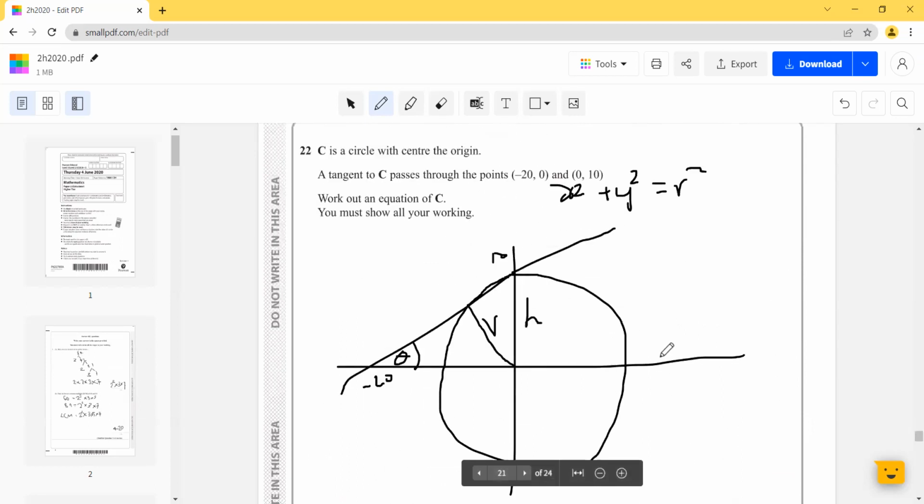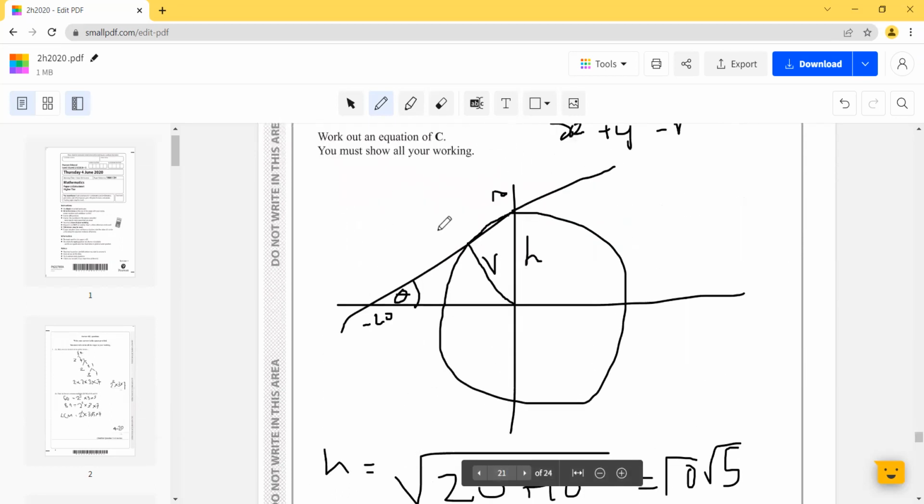Now this is doing it the trigonometric way, but if you wanted to do it using straight lines, I would suggest figuring out the equation of this line.